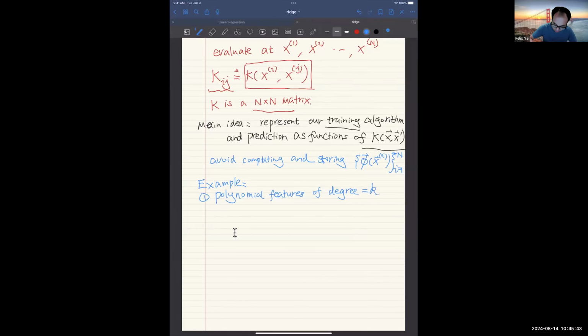And here we are interested in the situation where d equals 2 and k equals 2. Then the feature map is basically x1 squared, x2 squared, and square root 2 x1 x2.